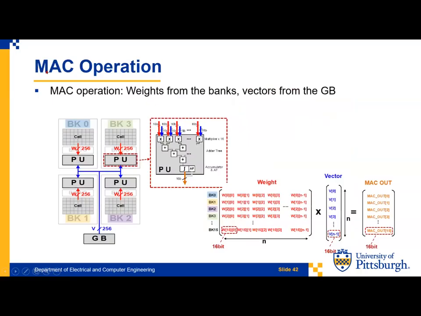For example, if you need to do a MAC operation inside the memory, you don't want to move the data to the CPU or GPU. You just want to do the MAC operation inside your DRAM, and your memory has processing units. The processing unit will fetch the data from the memory bank and the buffer, do the multiplication accumulation, and then you get the MAC output.